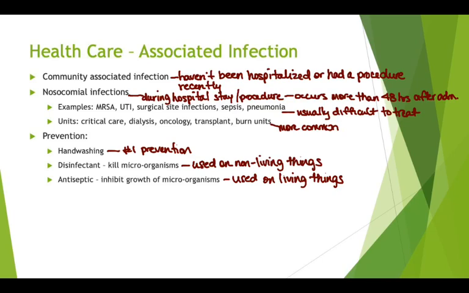Antiseptics are the ones that you use on living tissue and living things, and that's going to inhibit the growth of the bacteria. So your antiseptics will inhibit the growth. Your disinfectants actually kill the organism that's sitting on that surface, the non-living thing.